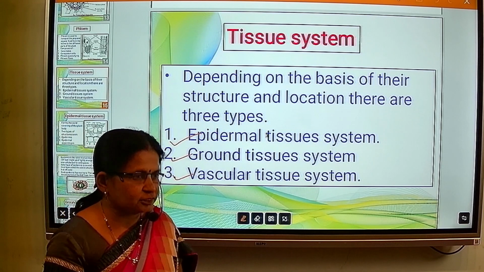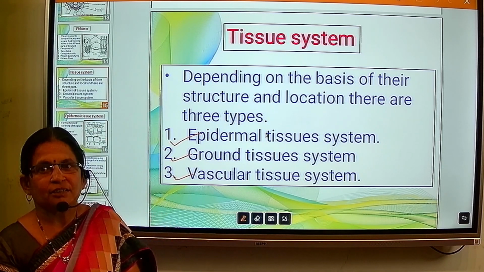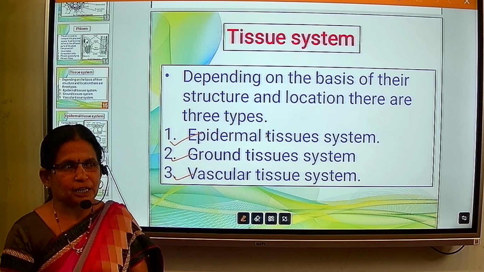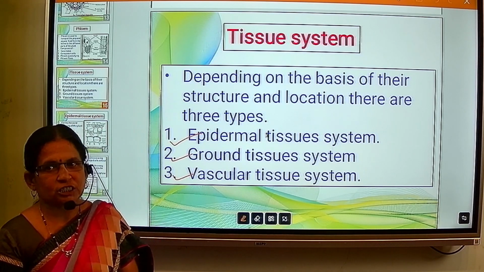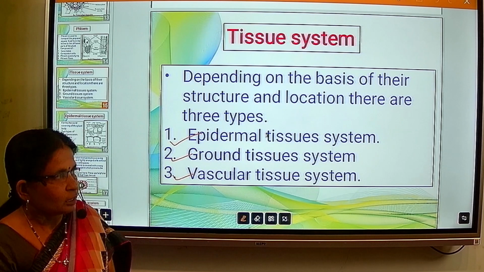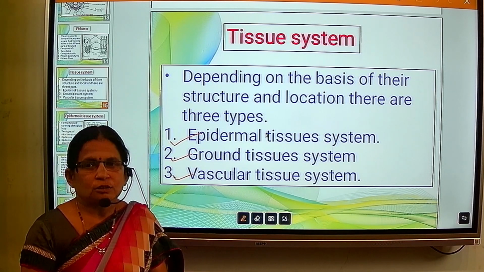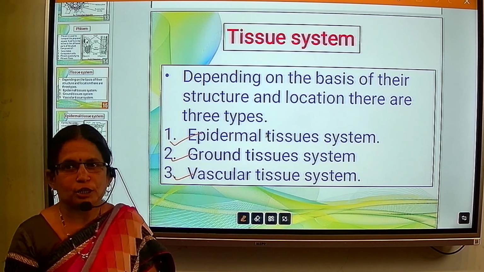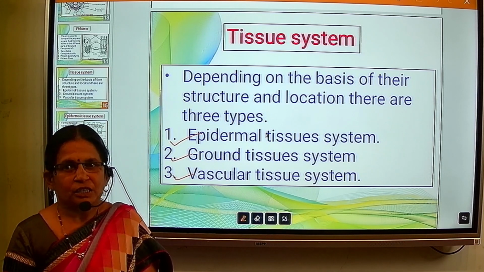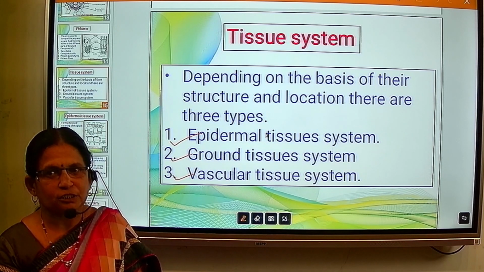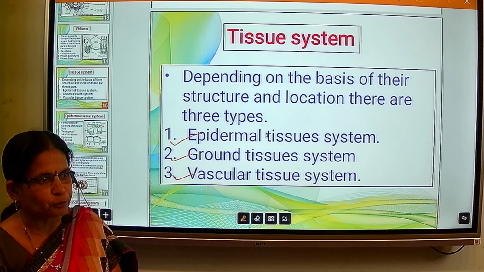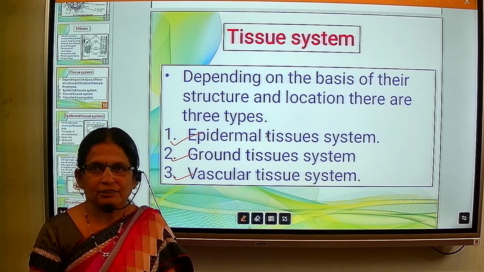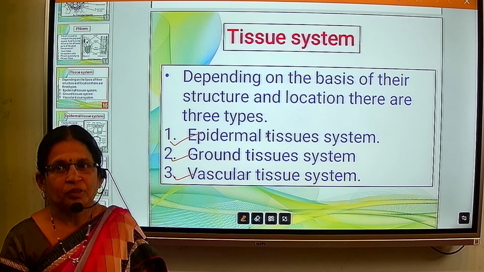Now look at these names: epidermal, ground and vascular tissue system. Itself it indicates the location of the tissues. Now we are going to study the epidermal tissue system, in which different tissues come together and form a system called the epidermal tissue system.